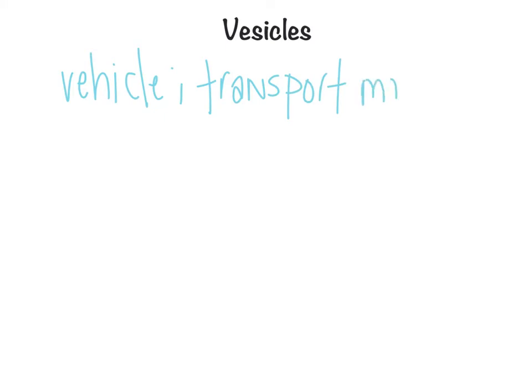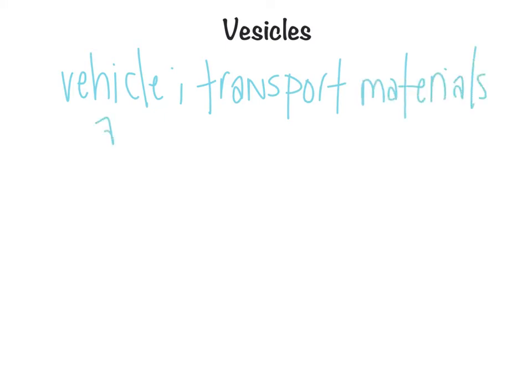And then the last one for this video is your vesicles. We're not going to label these. A lot of these small circular objects are hard to label on a cell, but as long as you know its function. Think of a vesicle like a vehicle. It's going to transport materials around the cell.